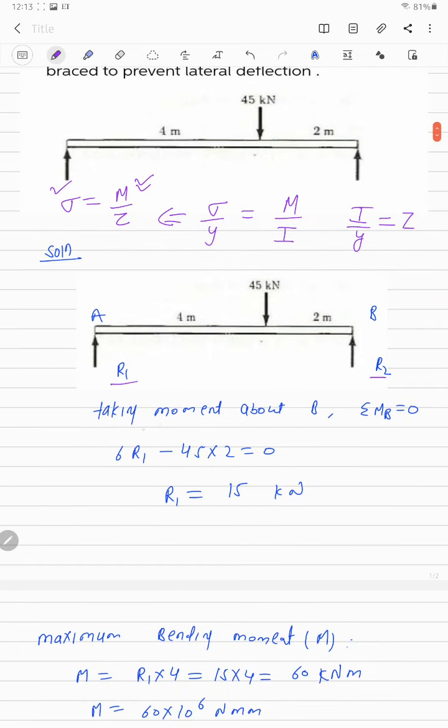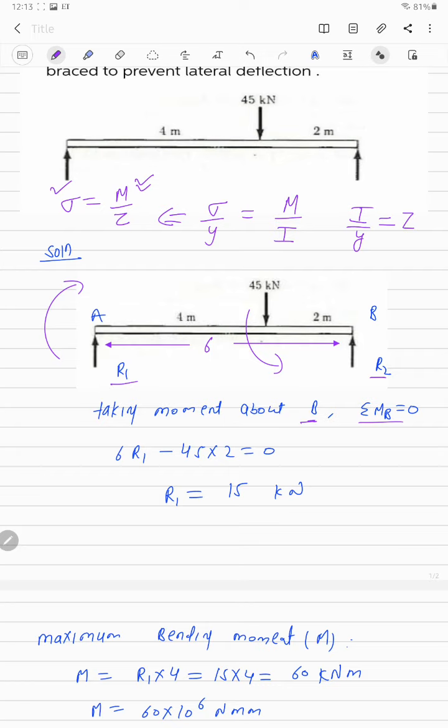So we will take bending moment about B. Since it is a simply supported beam, the net moment at any point must be 0. Taking moment about point B, the net moment should be 0. So R1 into 6, the total distance is 6, minus, because the moment of R1 is in this direction about this point, but the moment of this force is in the opposite direction to that of R1.